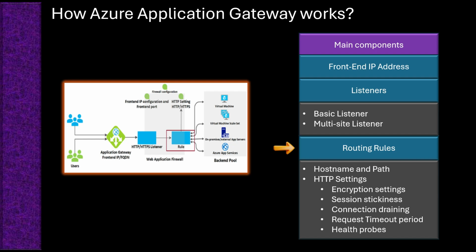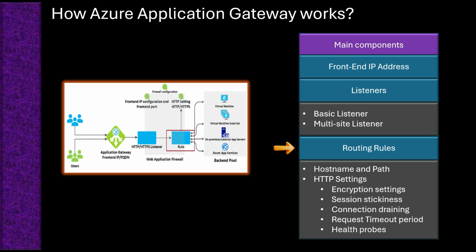This setting includes encryption settings, such as whether the traffic between the application gateway and backend server should be encrypted. Session stickiness, for directing all requests from the same session to the same backend server. Connection draining, to gradually remove a server from the pool during maintenance to avoid interruptions. Request timeout period, to ensure stable connections.